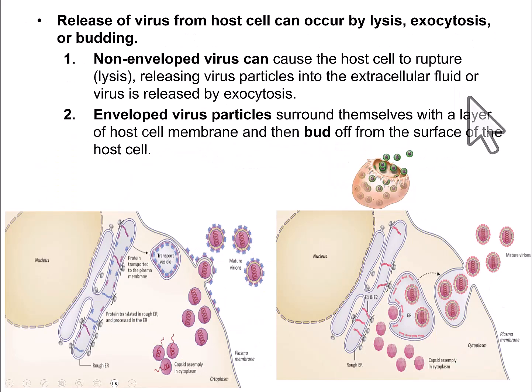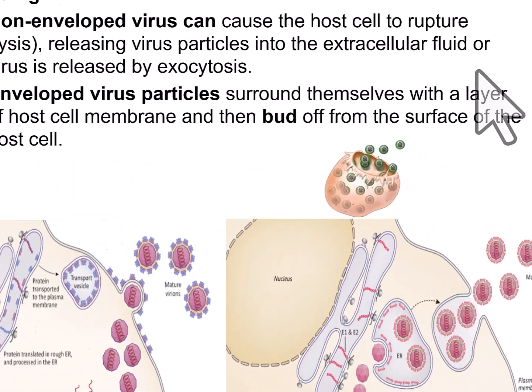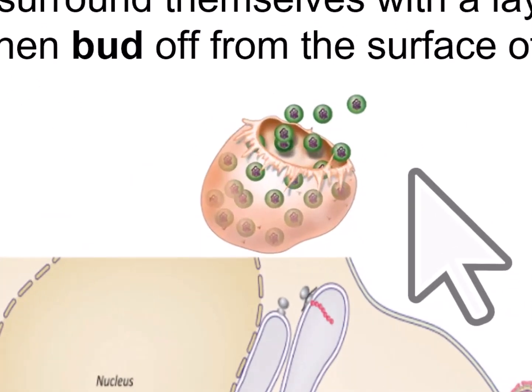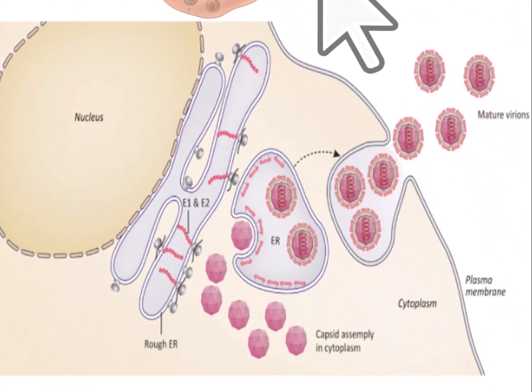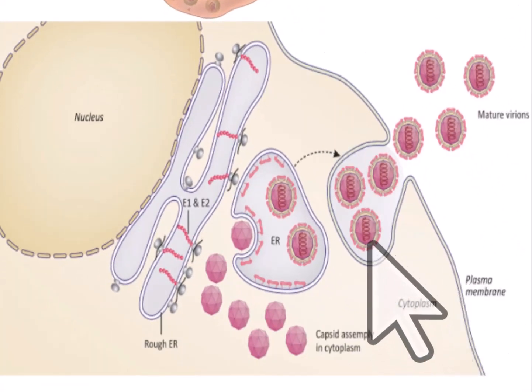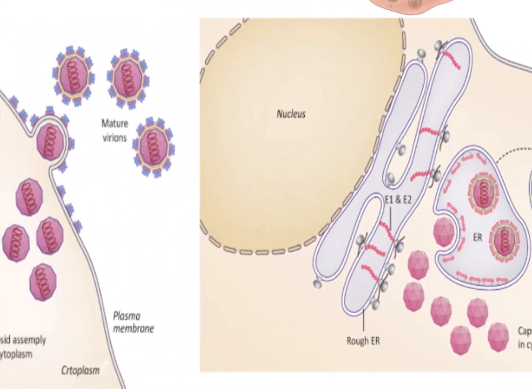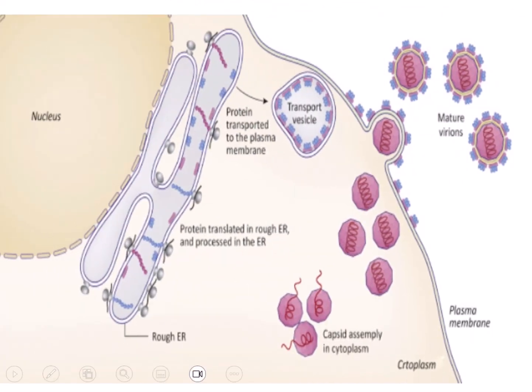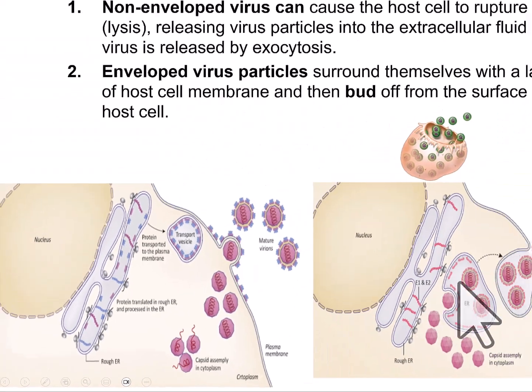The release of the virus from the host cell can occur by lysis, where the host cell basically explodes with new virus particles spilling out. It can occur by exocytosis of the new viruses. It can occur by budding, where the enveloped virus particles surround themselves with a layer of the host membrane and then bud off from the surface of the host cell, as shown here.